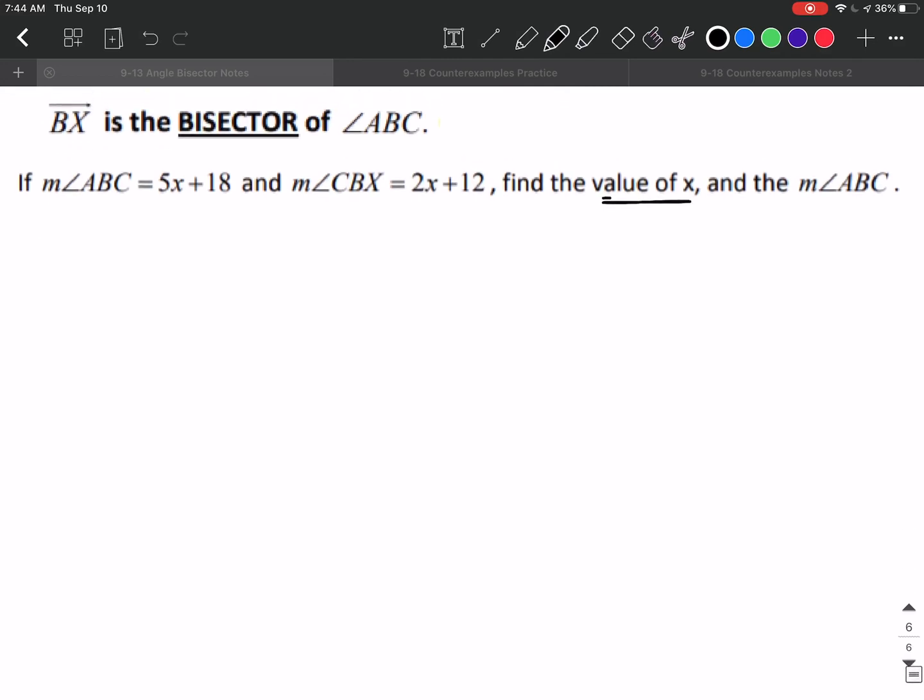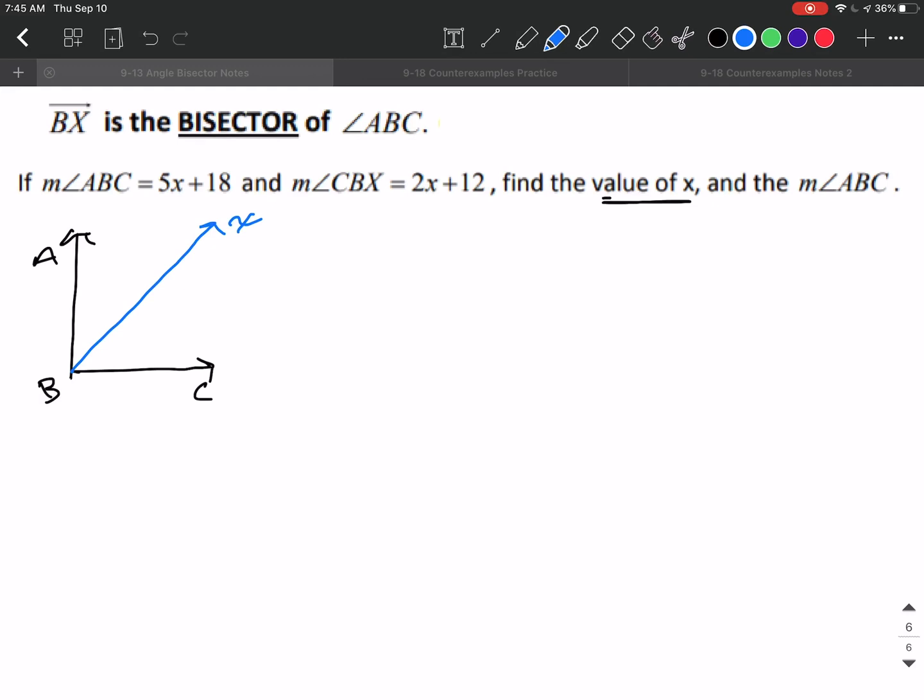And our last example. So ray BX is the bisector of ABC. So again, we're going to draw just a quick picture. So I have A, B, C. I have my bisector, BX.